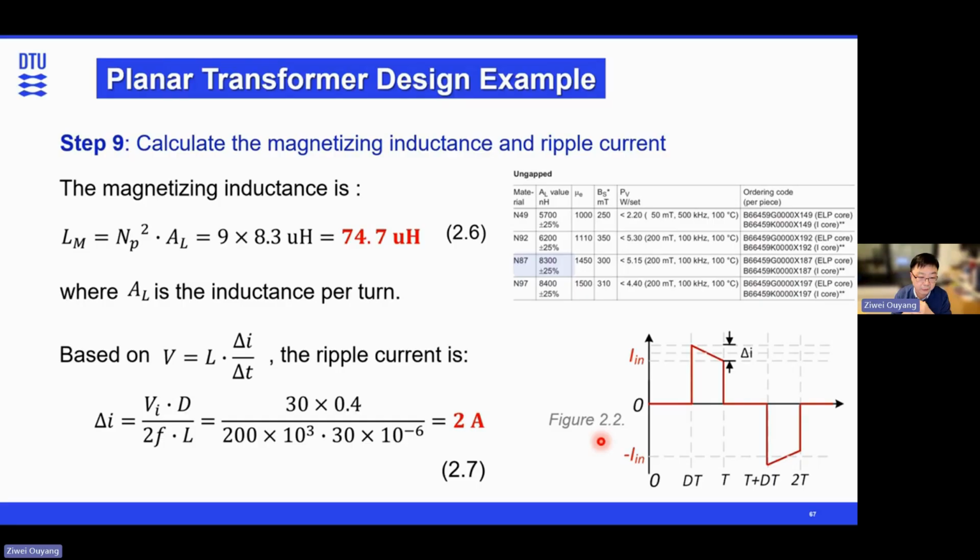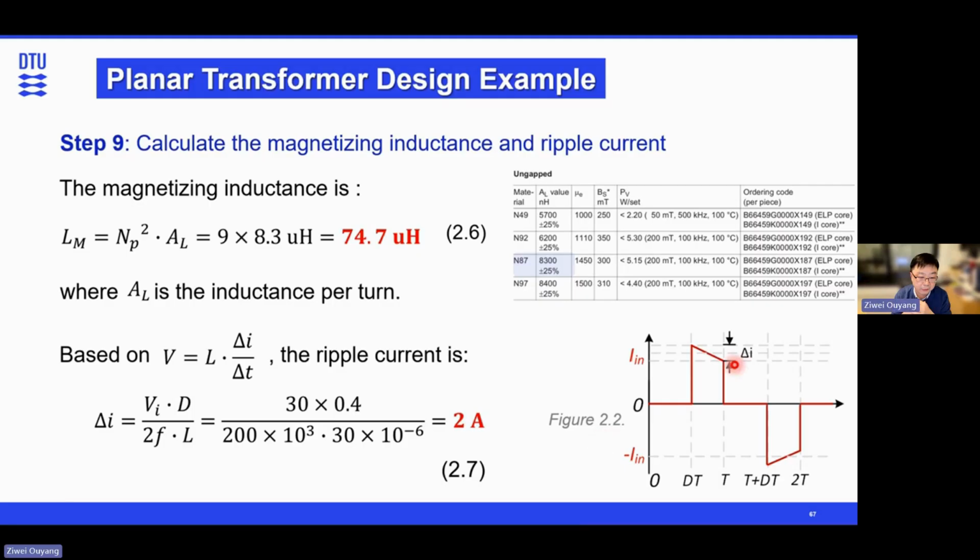And then next we calculate our RMS current. Before we calculate the RMS current, we need to calculate our ripple current, and that ripple follows the boost inductor ripple. So this is the circuit operation.